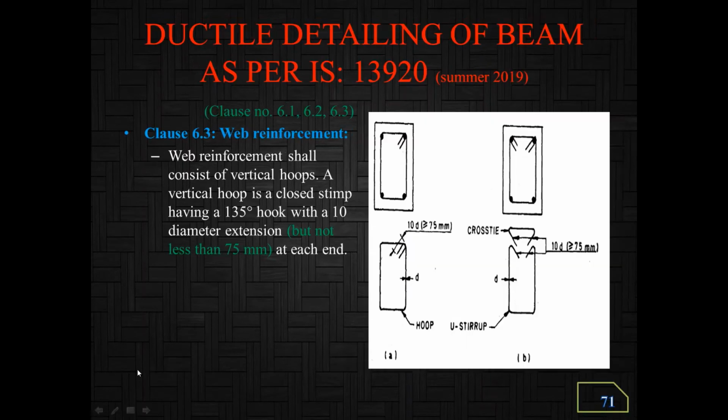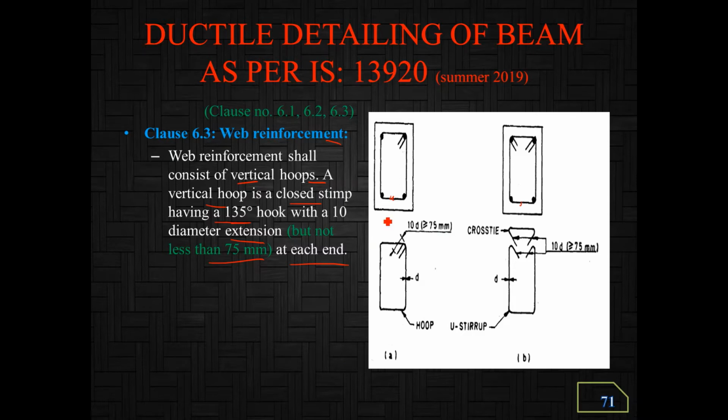Clause number 6.3 is for web reinforcement. Web reinforcement shall consist of vertical hoops. A vertical hoop is a closed stirrup having a 135-degree hook with a 10 diameter extension, but not less than 75 mm, at each end.